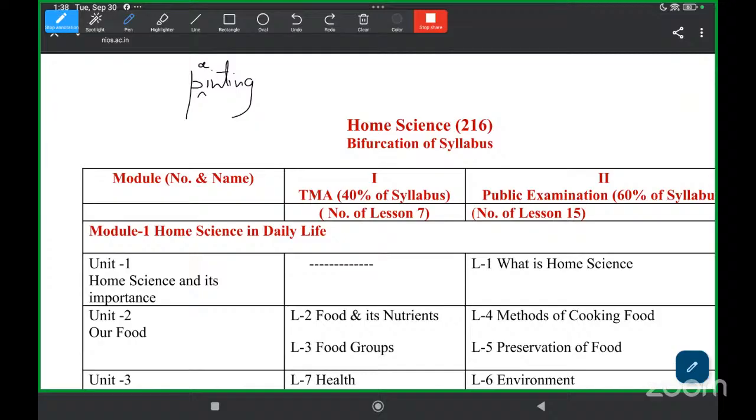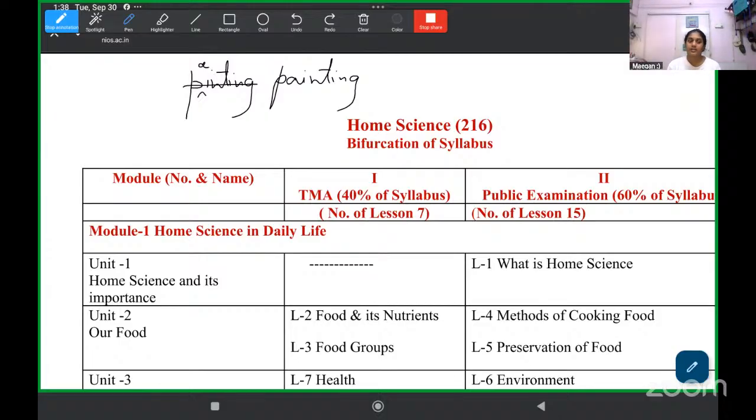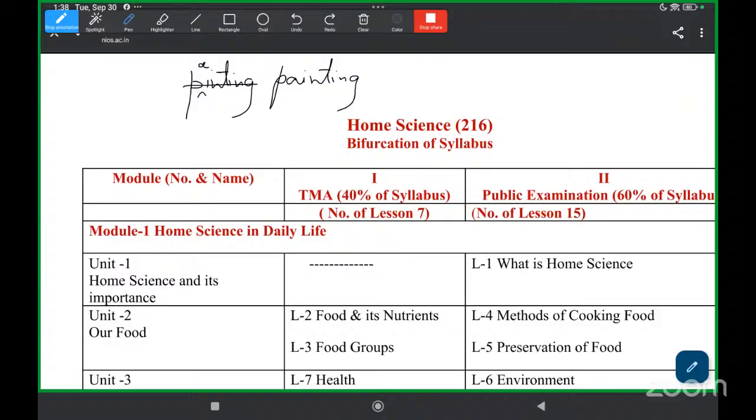Or if you made a major mistake in the word and you do not know what to do, cut it with a pencil, only one dash. Only one dash with the pencil, no pen. And then write painting.